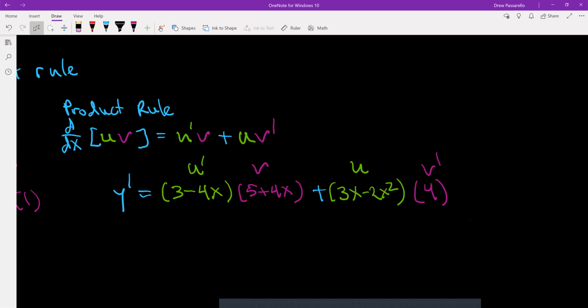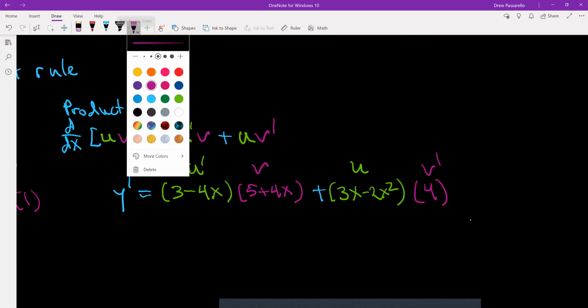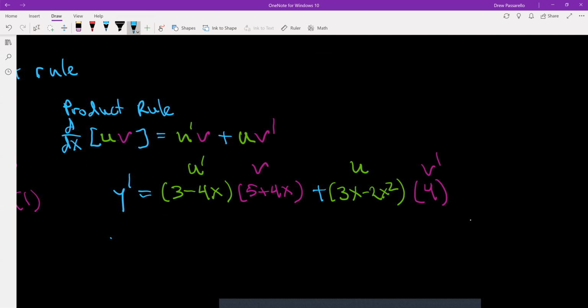Now, foiling out the first part, we do 3 times 5 is 15, and then 3 times 4x is 12x.